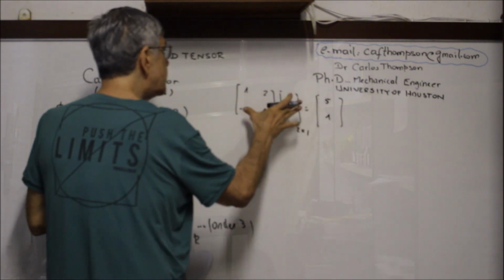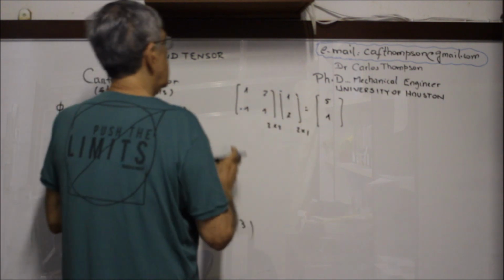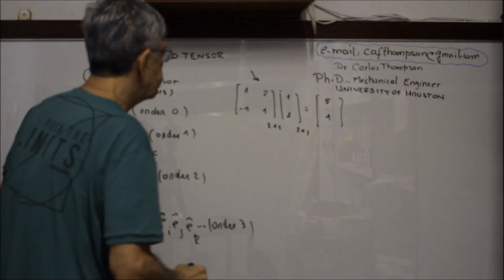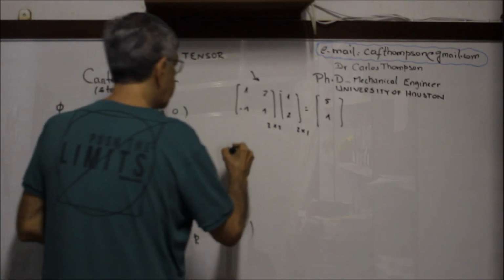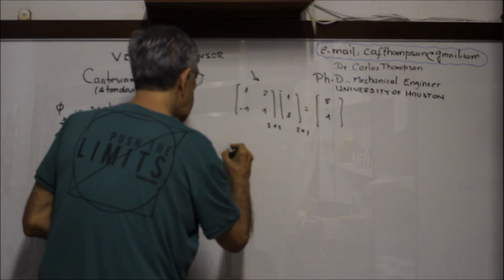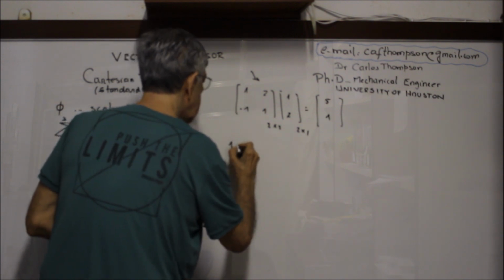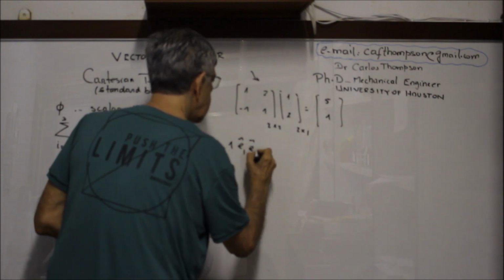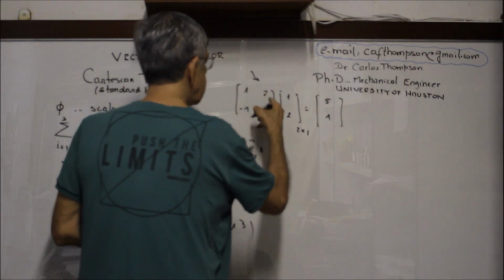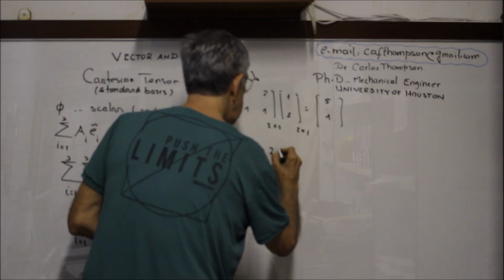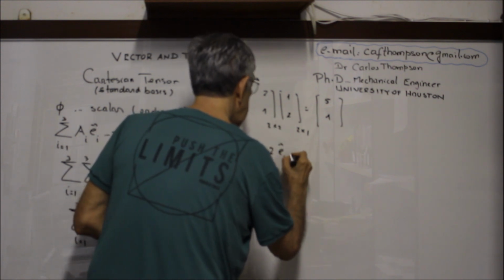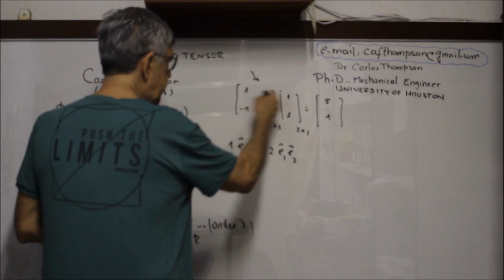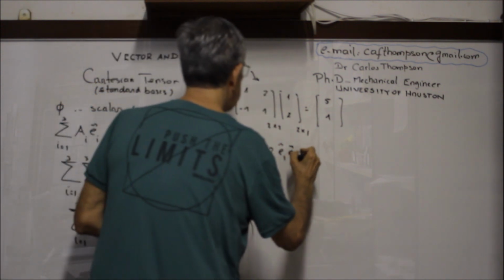So, I'll write this down as a second order tensor. I put 1 E1 E1, plus 2 E1 E2, first row, second column.